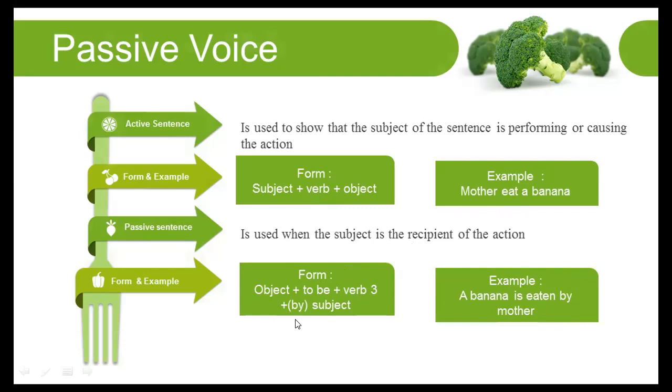We must put by before the subject in the passive sentence. Like this, by mother. For example, a banana is eaten by mother. This is the example for passive voice.